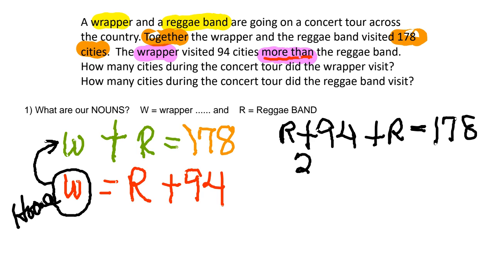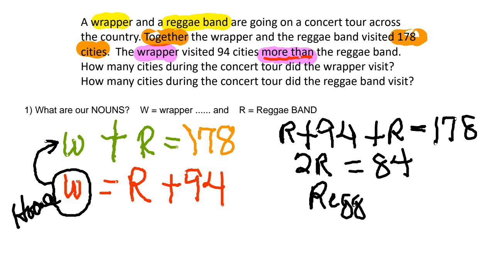Now, subtract 94 from 178, and I get 84. R is the reggae band. They visited 42 cities.